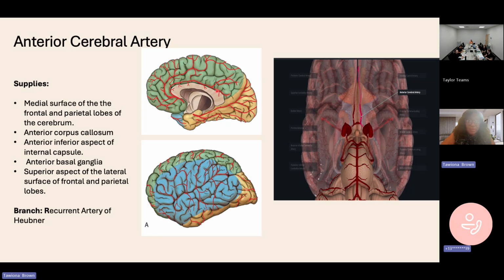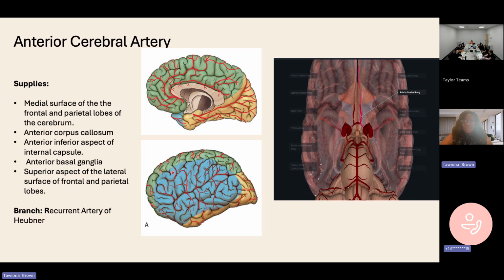Like it supplies the anterior superior component of the corpus callosum. It's also going to supply the anterior aspect of what we call the internal capsule, where a lot of those pathways go, those afferent, efferent, motor, and sensory pathways between the basal ganglia. It also is going to supply the anterior aspect of the basal ganglia as well.